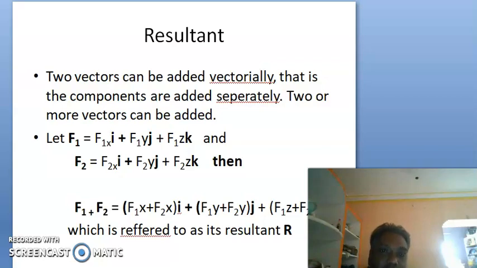So the net effect of a set of forces can be given by a single resultant of those forces. Here we represent Fx, Fy, Fz, and they are all the force components along that particular axis through which a force vector is described.